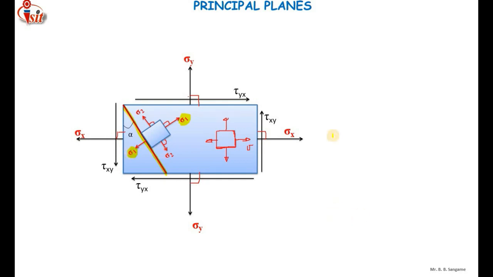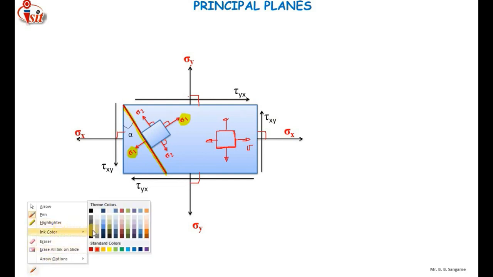Now the question is why we have not considered any shear stress inside this element. We have only considered the principal stresses which act normal to the element. So here I am going to explain when we are going to consider the shear stress. I am going to redraw this figure.